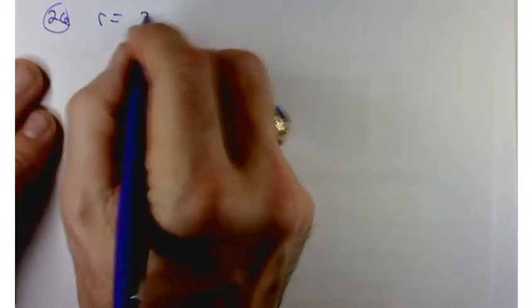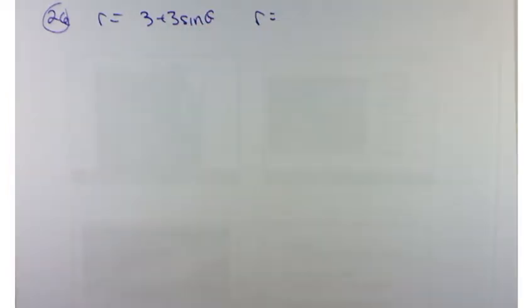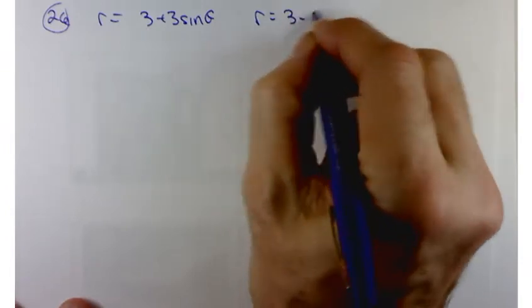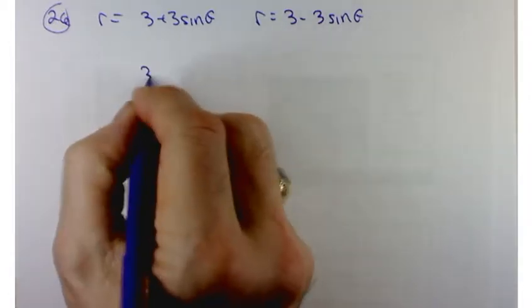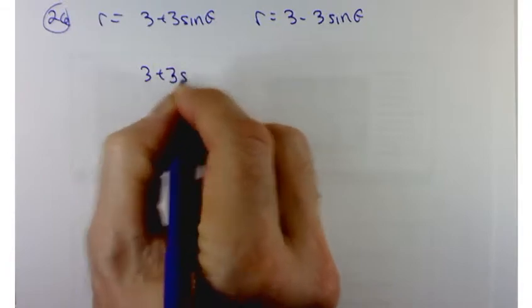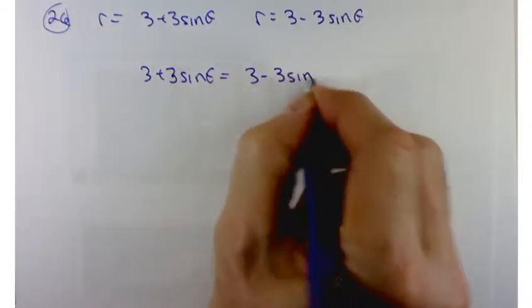So we had r equals, I hate it when they don't distribute that, 3 plus 3 sine of theta. And the other one was 3 minus 3 sine of theta. If we want to know where these things are equal, well, we can set them equal to each other. It's going to be 3 plus 3 sine of theta equals 3 minus 3 sine of theta.